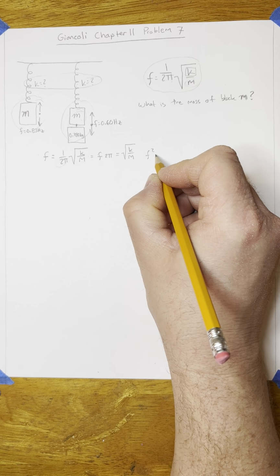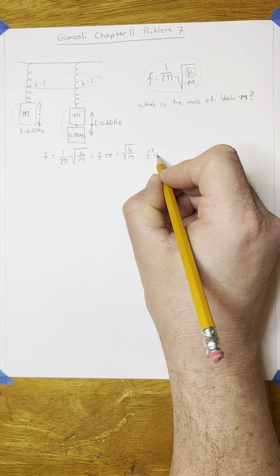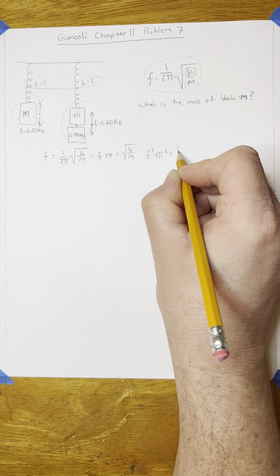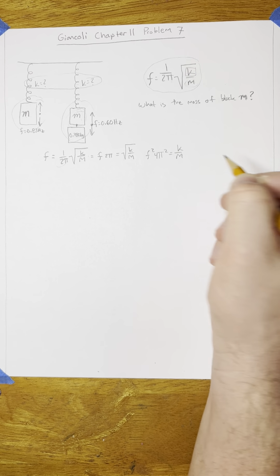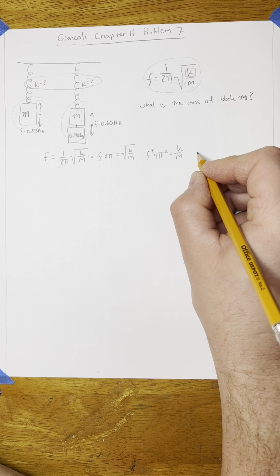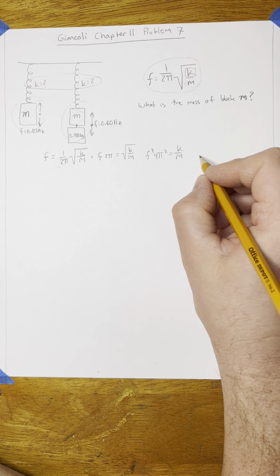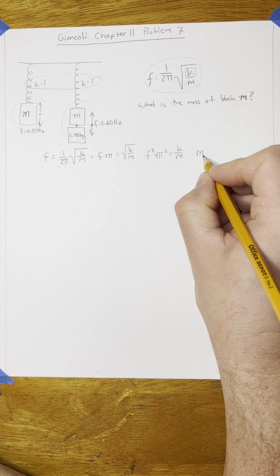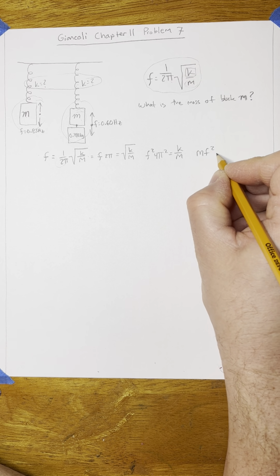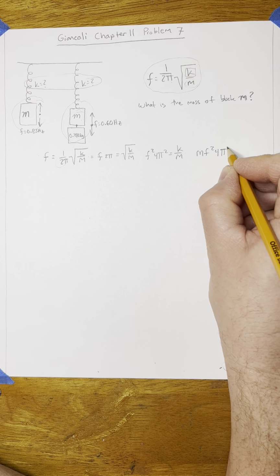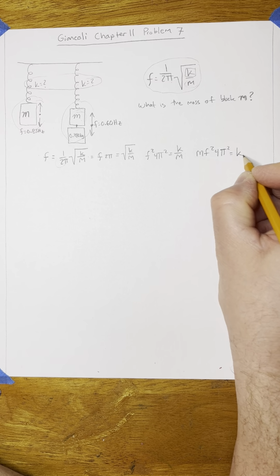So the frequency squared times 2 squared, which is 4, times pi squared is equal to k over m. And then finally, I'm going to solve this for k. So I'll isolate it by multiplying both sides of the equation by m. So I will then have m times frequency squared times 4 times pi squared is equal to k.